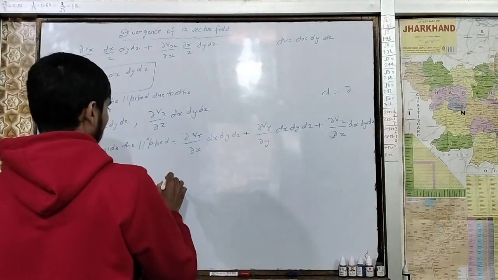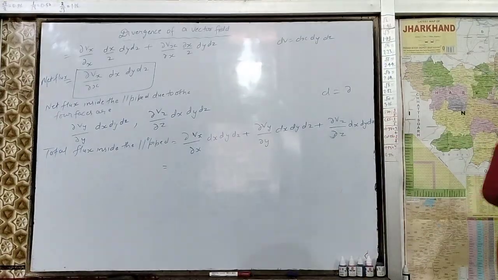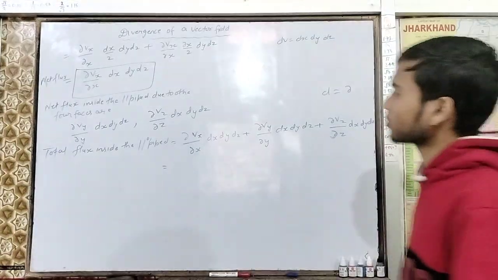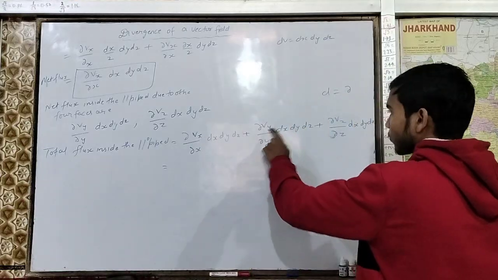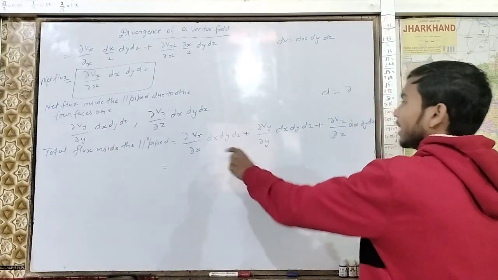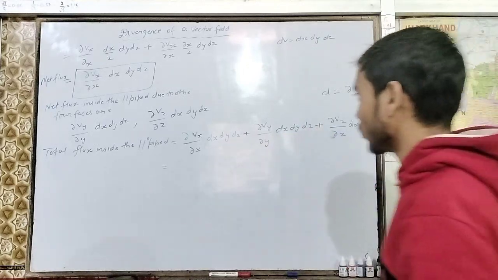Now what is common here? vx, vy, vz are not common, but dx dy dz is common to each term.